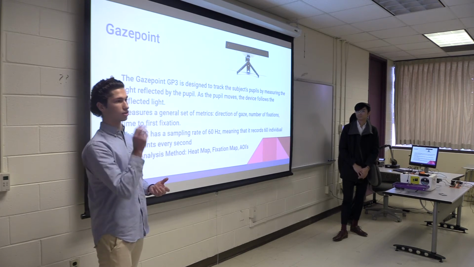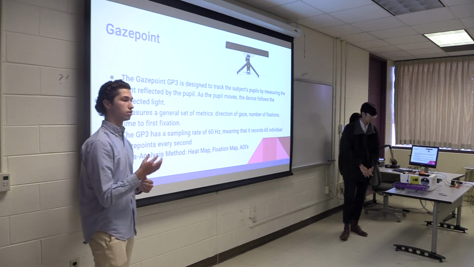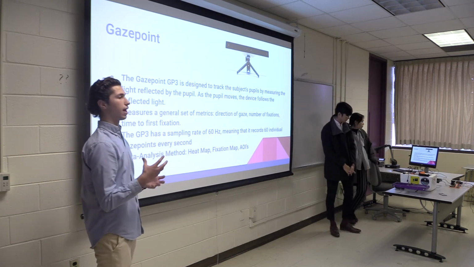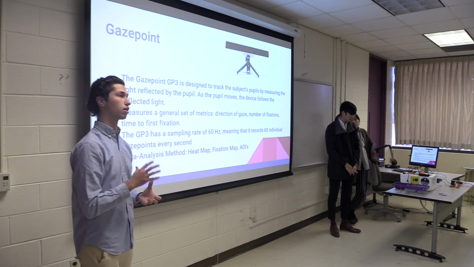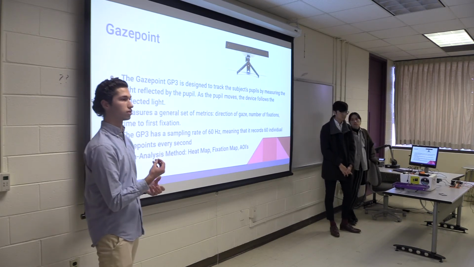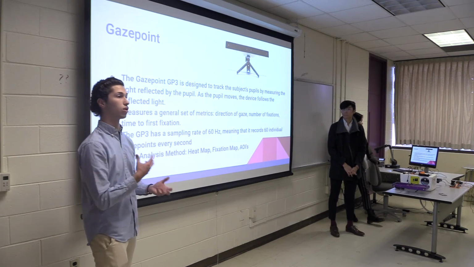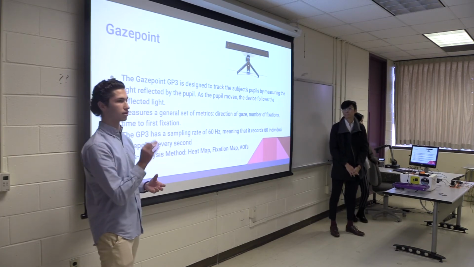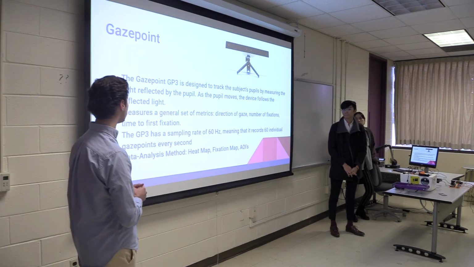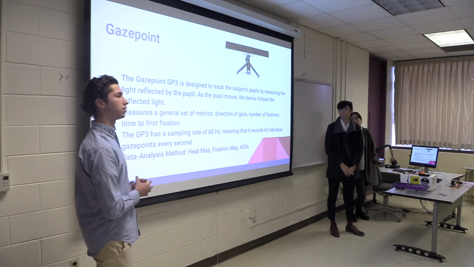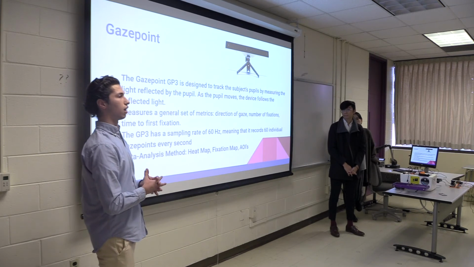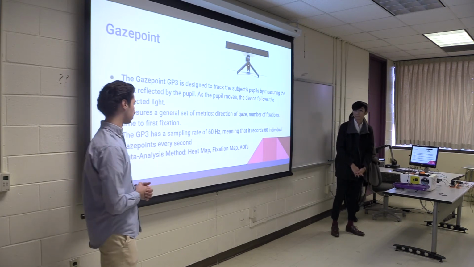A gaze point is actually the individual unit which the person's pupil is looking at, and a conglomeration of gaze points is what is called a fixation. We use fixations mostly because we can find a correlation of spending more time instead of a single gaze point. And the GP3 has a sampling rate of 60 hertz, which means that it's sampling 60 gaze points every second.